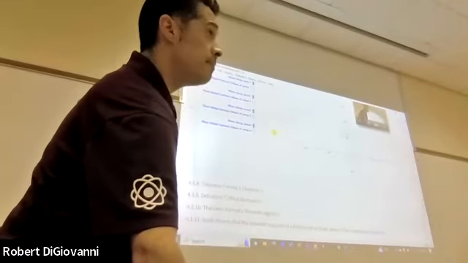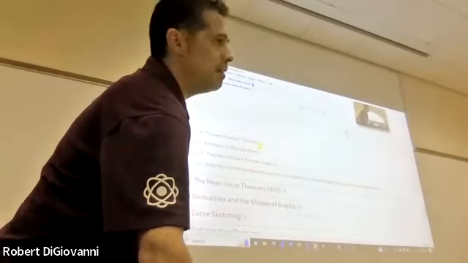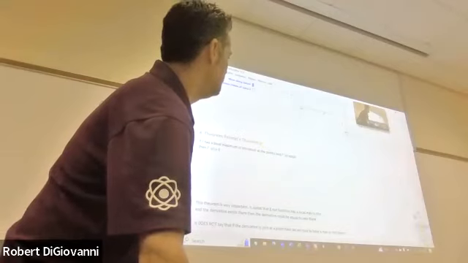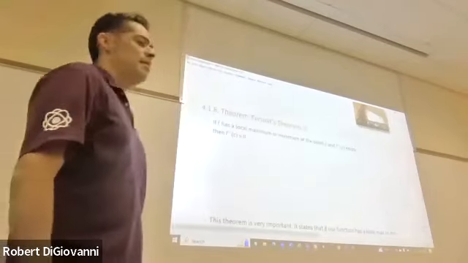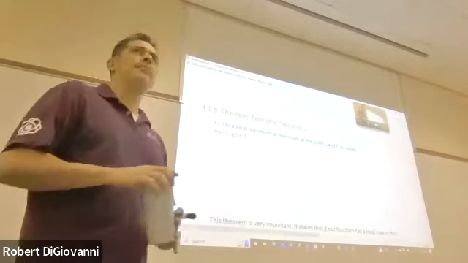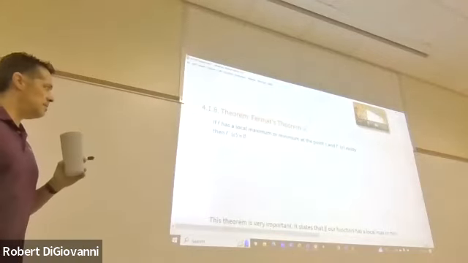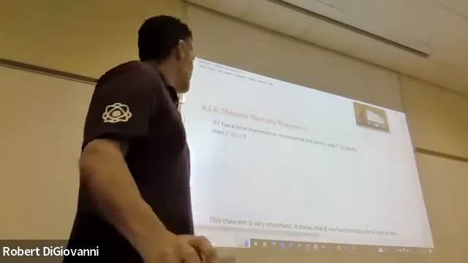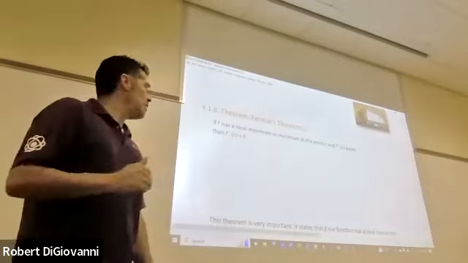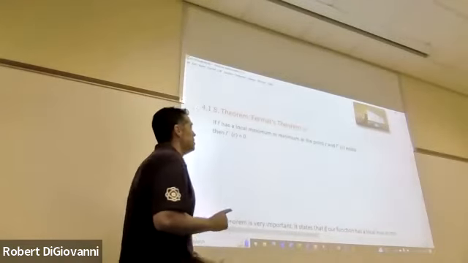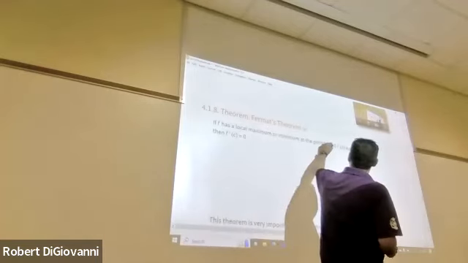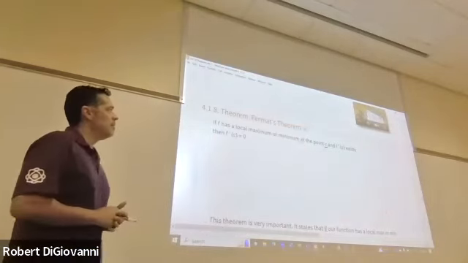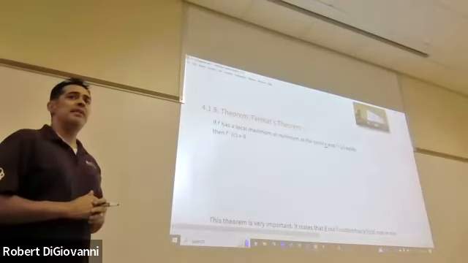Okay, good. Now we have another theorem. This theorem, I almost don't like giving this theorem in class, but I guess it's useful, but it confuses students. So this says, if your function has a local maximum or minimum value at some point C, and the derivative exists.